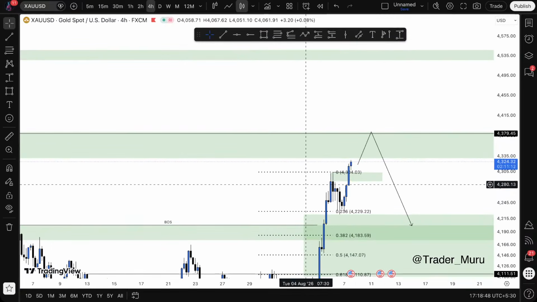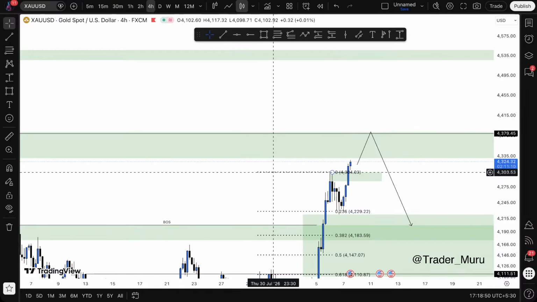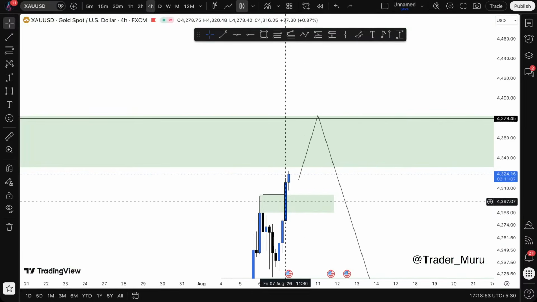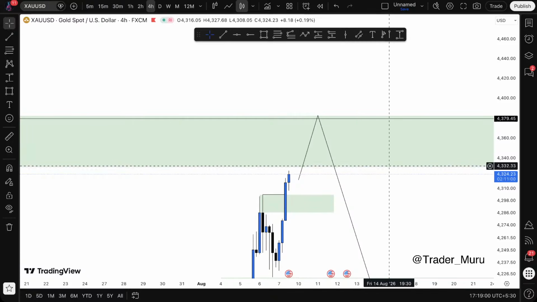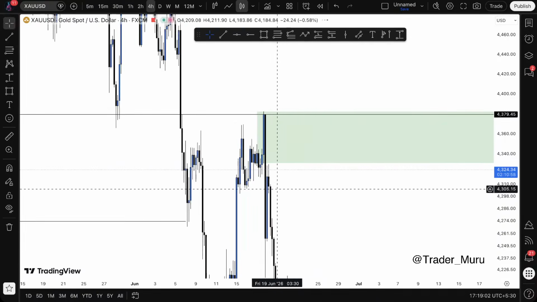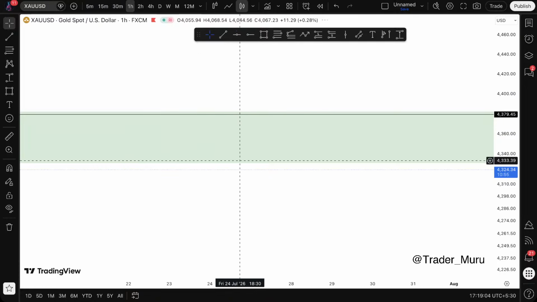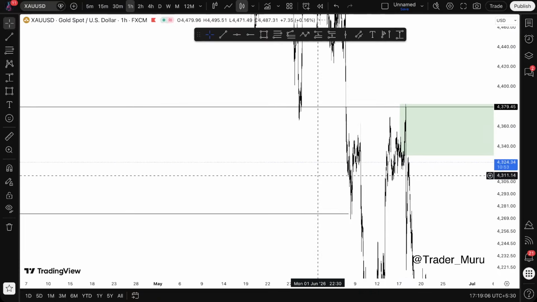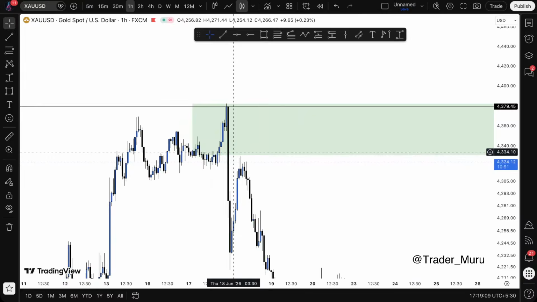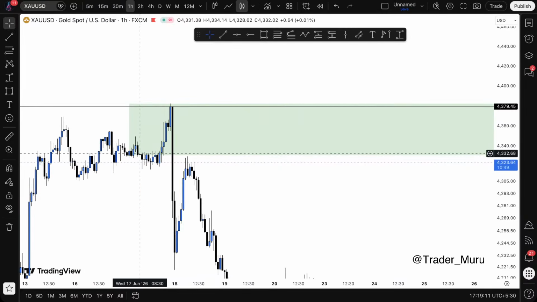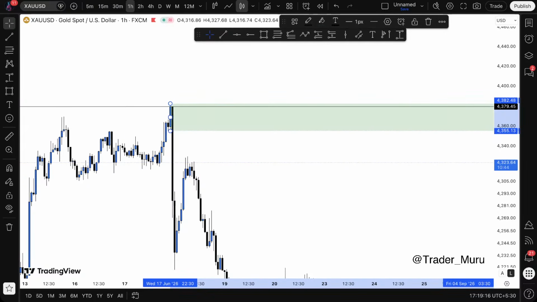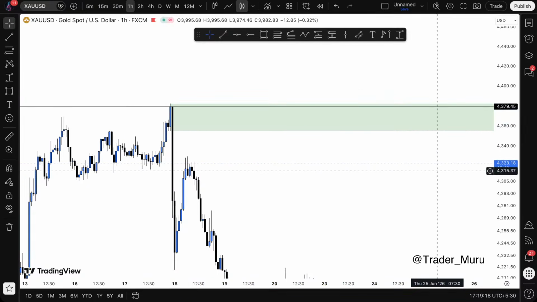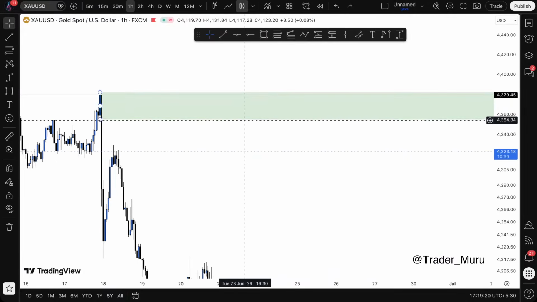So the possibility here is, if we get a test of this area before NFP near 4304 to 4286, we can expect a bounce till the area of the 1-hour time frame unmitigated order block, near 4355 to 4379. This is the area from where we can get rejection.